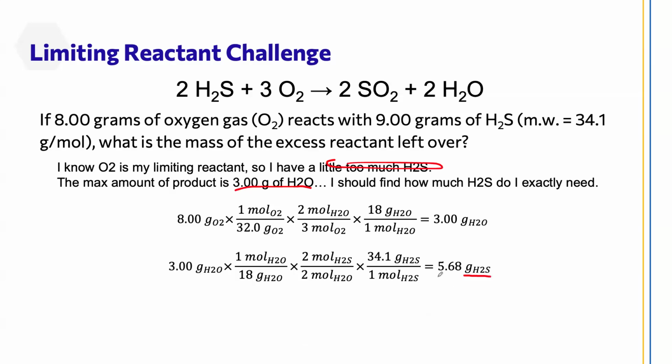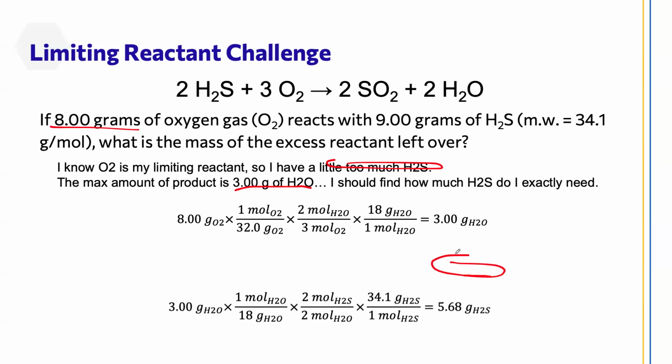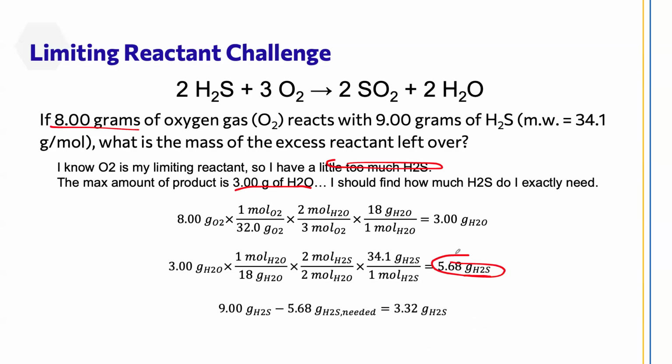It turns out that I need 5.68 grams of H2S to react with 8 grams of O2. But I have too much H2S. I have 9 grams, but I only need 5.68. So I can subtract 9 grams of H2S minus 5.68 grams of H2S needed, I have 3.32 grams of H2S left over.